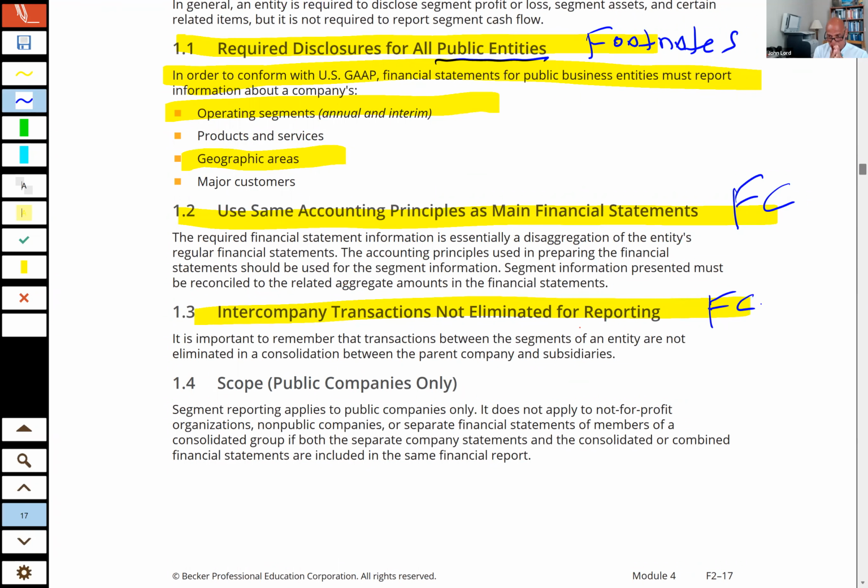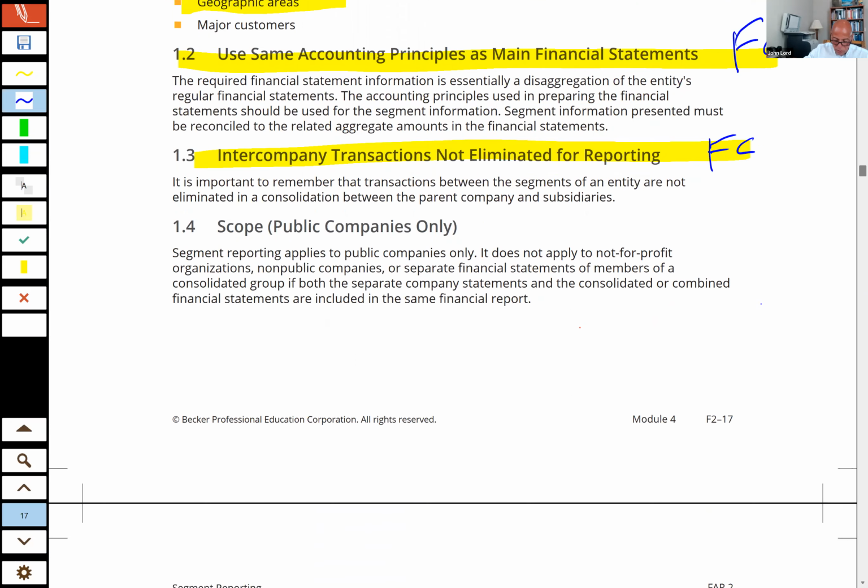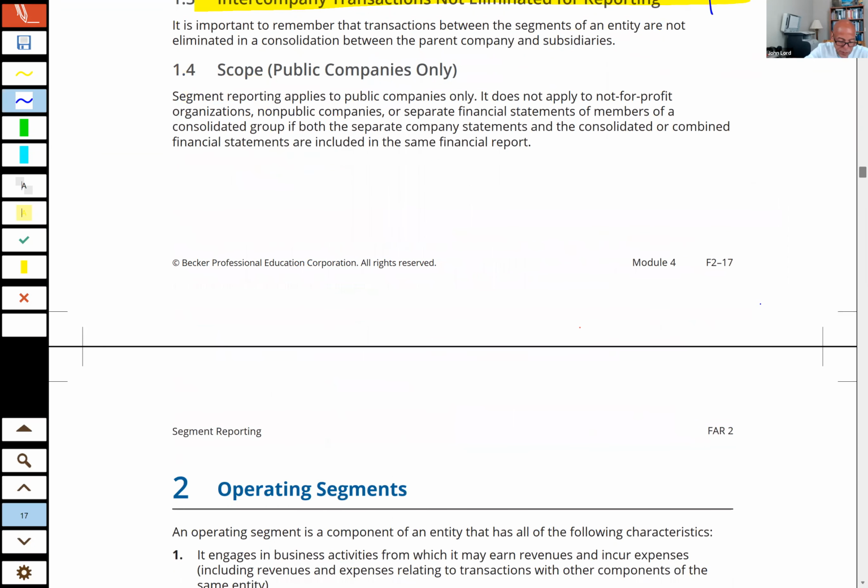For our segment information, they want each segment to look like a standalone business. So there are no eliminations for segment reporting for intercompany transactions. Okay. And as we've already shown you above there, the scope is public companies only. And I guess you can go ahead and flashcard that.